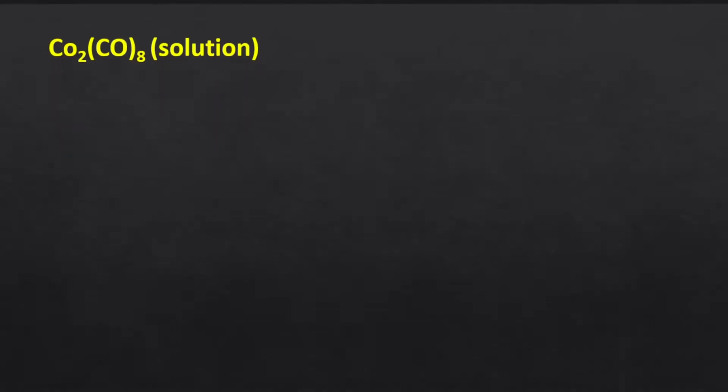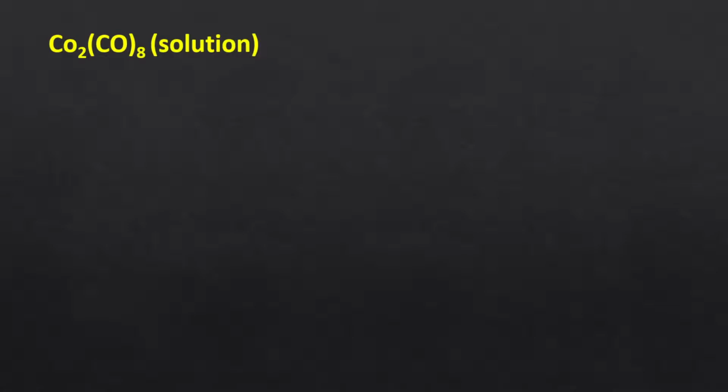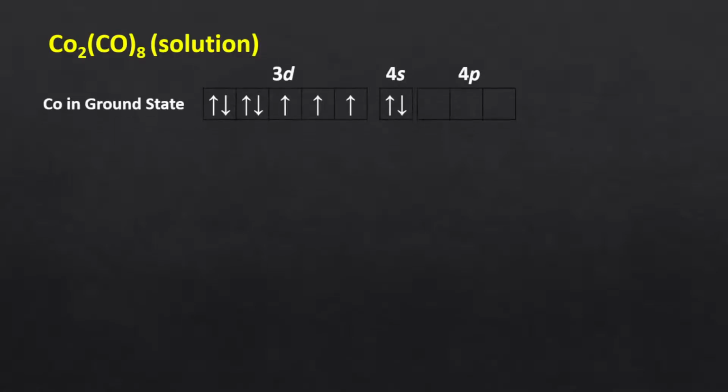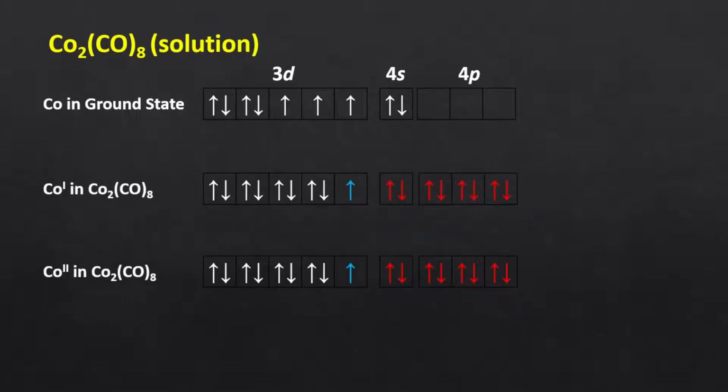Let us consider the structure in the solution phase. The atomic number of cobalt is 27, so its valence electronic configuration in the ground state is 3d7 4s2 4p0. Since the carbonyl ligand is neutral, the valence electronic configuration of cobalt in the excited state is 3d9 4s0 4p0. In this complex, there are 2 cobalt atoms, so the number of electrons involved in one cobalt-cobalt bond will be 2.